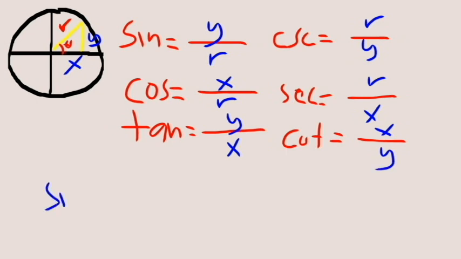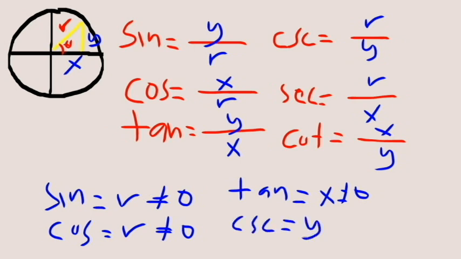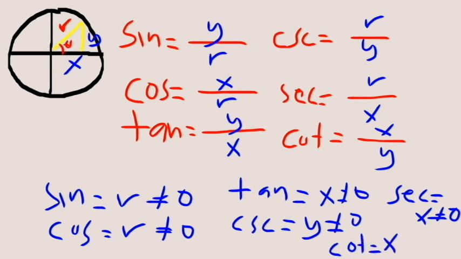So always remember, for sine, r is not equal to 0, and for cosine, r is not equal to 0, and for tangent, always remember that x is not equal to 0, and for cosecant, always remember that y is not equal to 0, and for secant, x is not equal to 0, and for cotangent, y is not equal to 0.